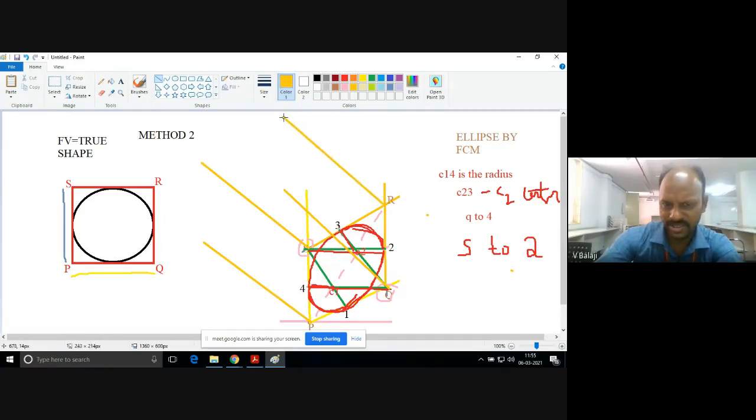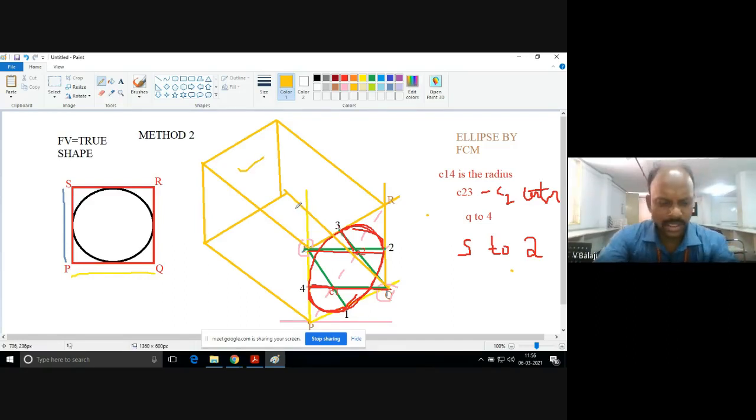I'm drawing roughly. Okay, you join the ends, join the ends like this. You are getting one more rhombus here. Are you able to visualize this rhombus? Yes, sir. Okay.